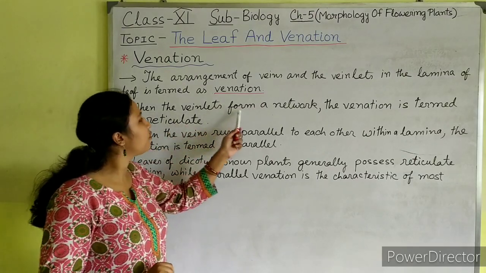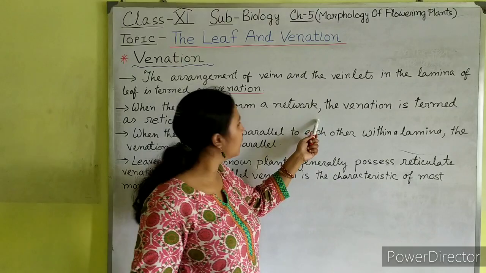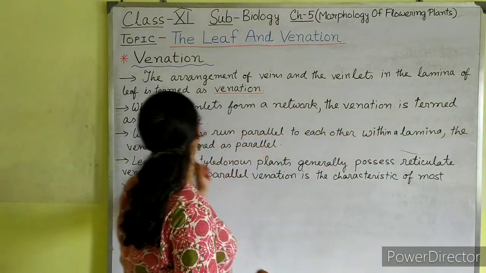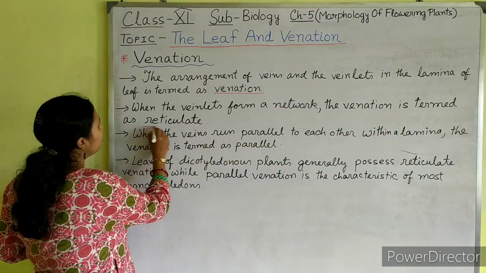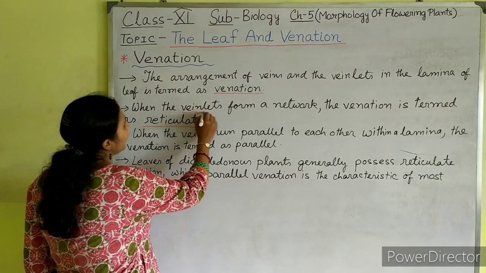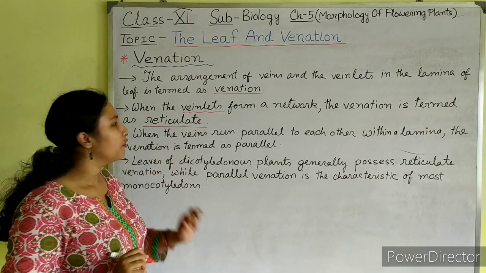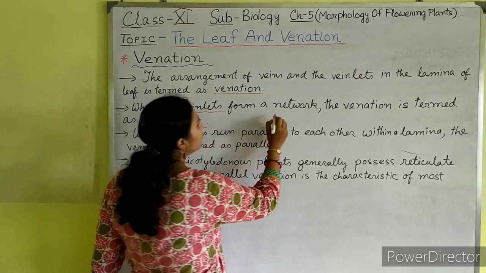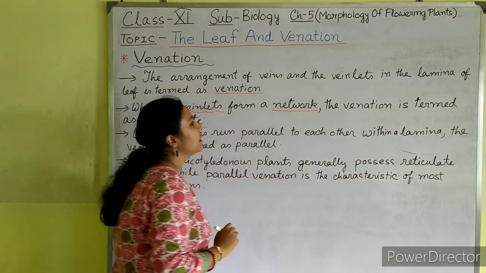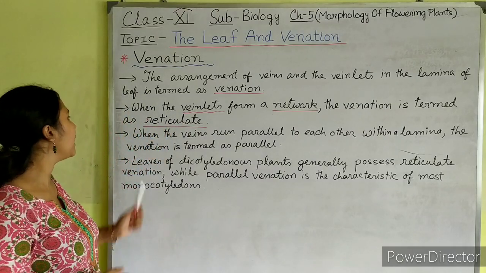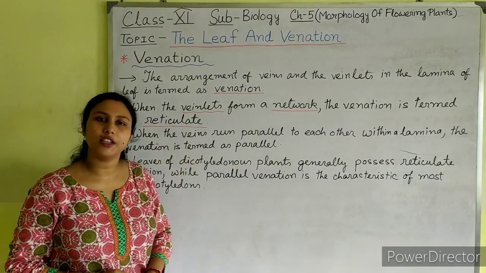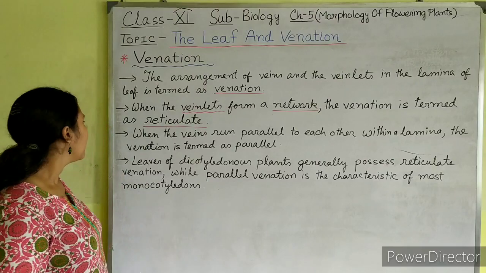When the veinlets in the lamina of leaf form a network, then the venation is termed as reticulate or reticulate venation.